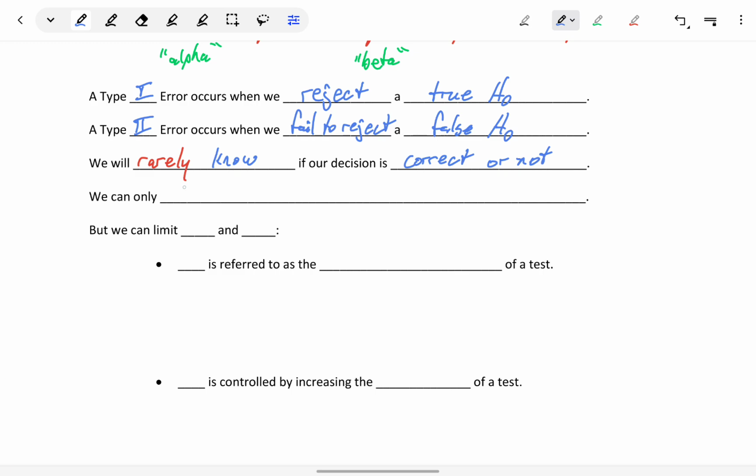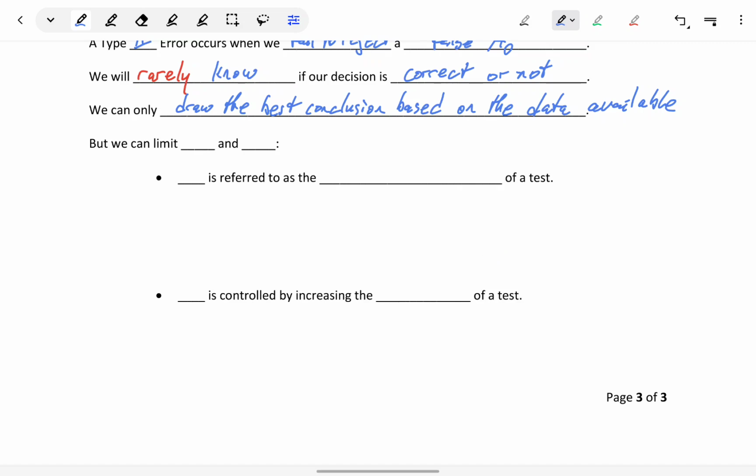All we can do with inferential statistics is draw the best conclusion based on the data available. If we have good data, if we have a lot of data, there's a good chance that our final result will be correct, but it's likely that we never know, and we just have to trust these really good guesses that we're making.